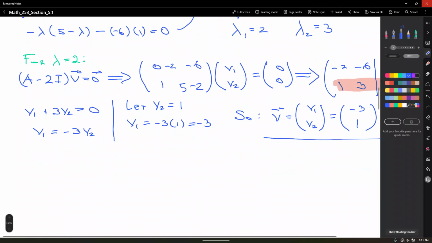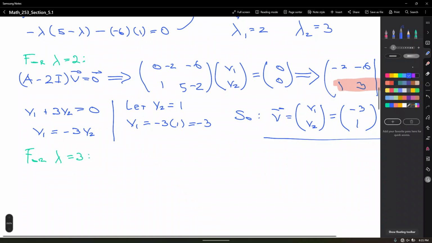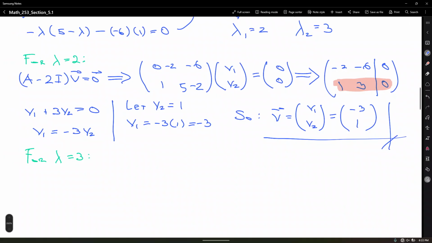What about the eigenvector for lambda equals 3? Again, let's write the eigenvector equation. A minus 3I times v equals the 0 vector.